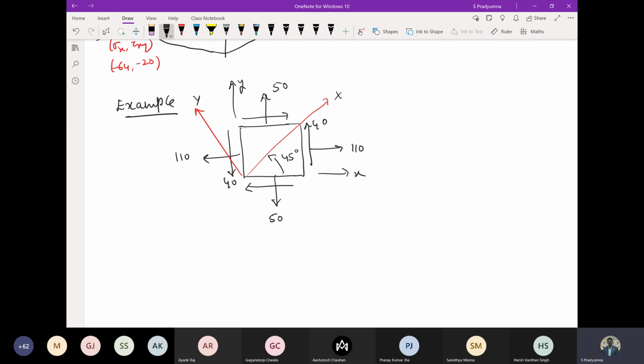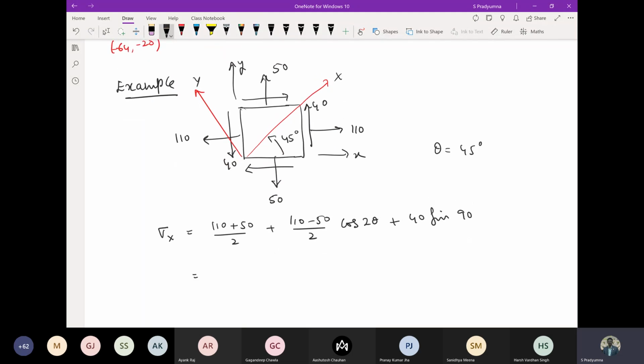Now we can easily find out with the help of the equation what sigma x is. That is equal to 110 plus 50 by 2, plus 110 minus 50 by 2 into cos 2 theta, where theta is 45 degrees, plus tau xy, 40, sine 90.